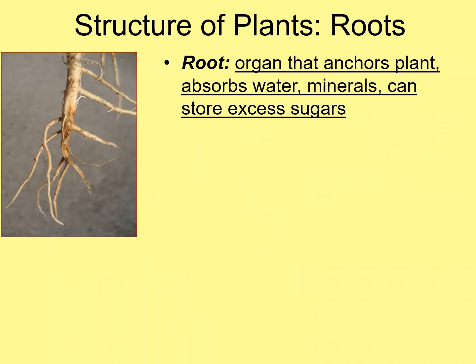Okay, roots, again, primary job is anchoring and nutrient absorption once we actually had true roots, right? Not rhizoids. But once you had roots, they could absorb water and minerals on their own. They don't necessarily need the mycorrhizae anymore, but it's still highly beneficial to have those, especially in younger plants.